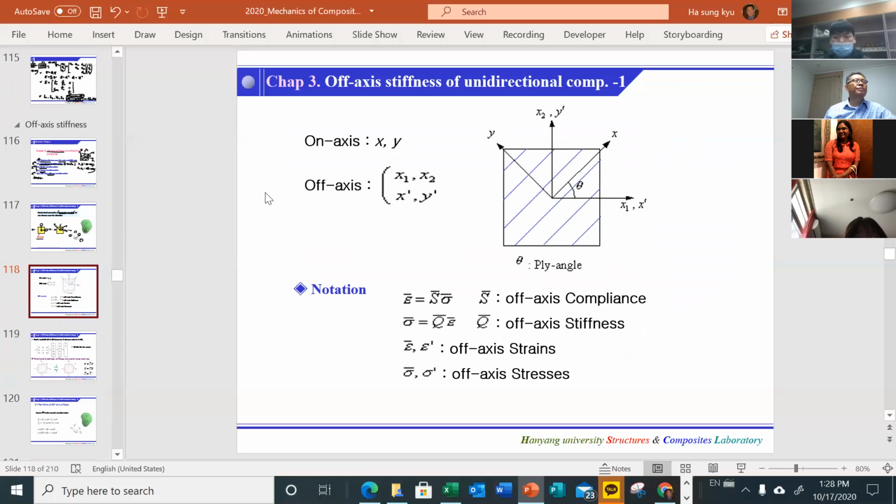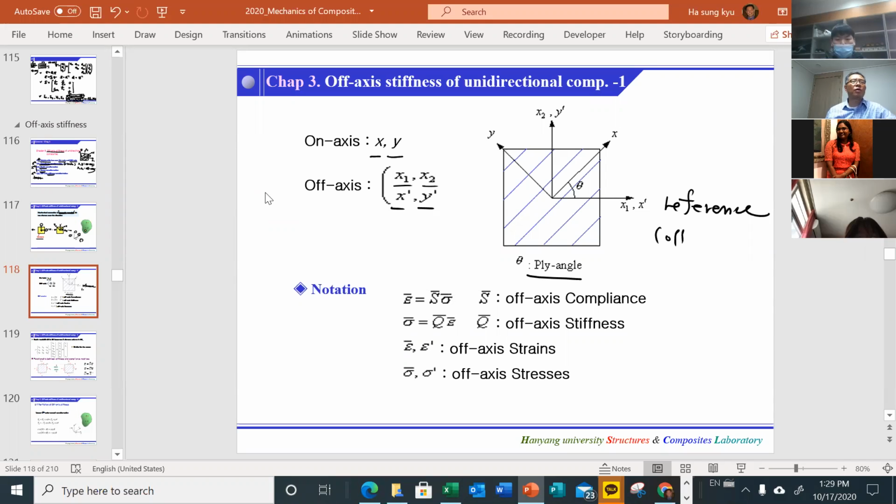Now, the on axis is indicated by x and y, and the off axis, as I mentioned, can be indicated by x prime, y prime, or sometimes x1 and x2, depending on the situation. The on axis can be called a reference direction or reference coordinates.